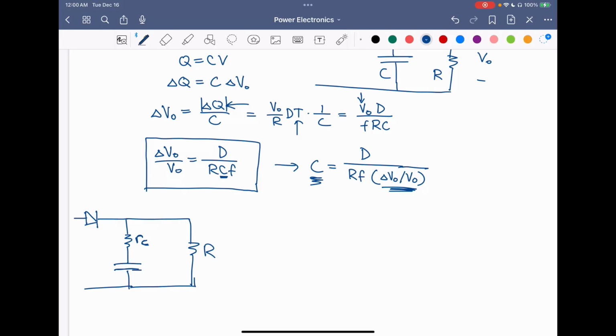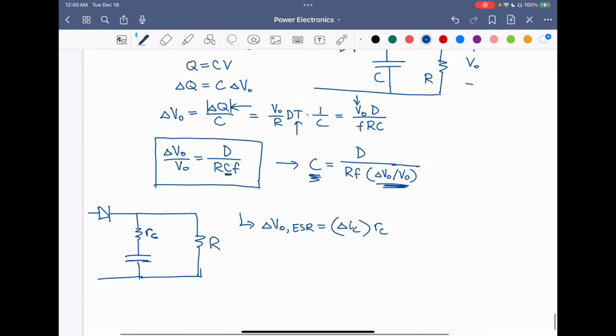In that case, we need to consider delta VO due to the ESR of the capacitor as the change in capacitor current times the ESR resistance. So this will be an additional factor to consider when you're looking at the output voltage ripple.